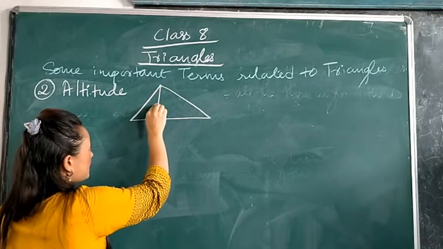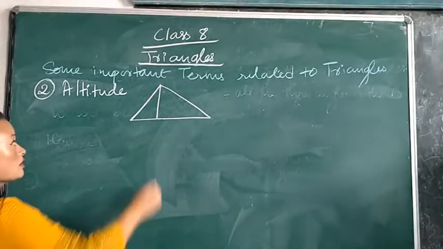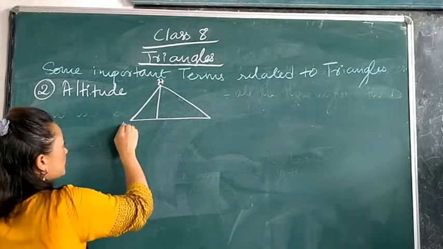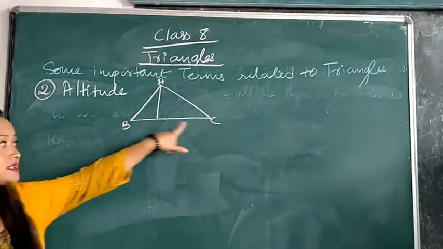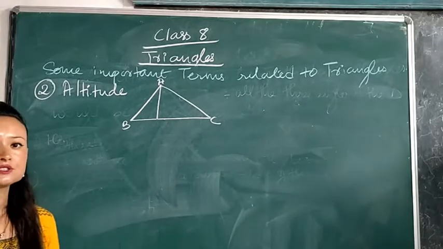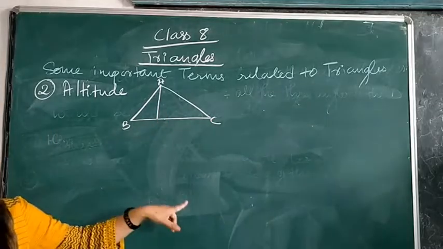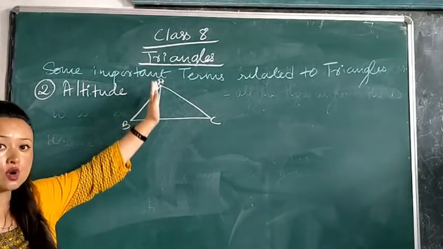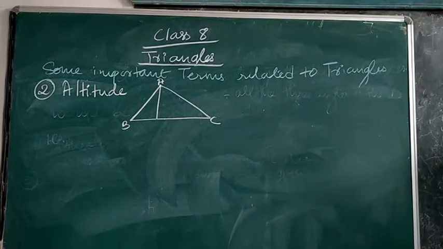Altitude is also a line segment which you draw from a vertex to the opposite side, but it does not divide the opposite side into two equal halves. It's just a line drawn perpendicular to the opposite side. Please remember this.